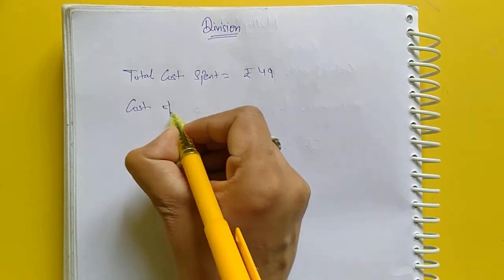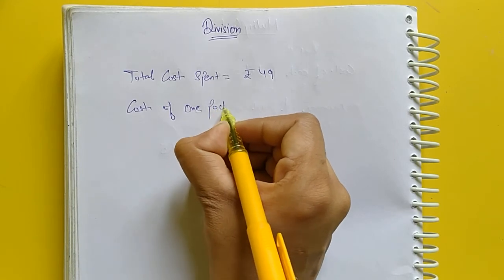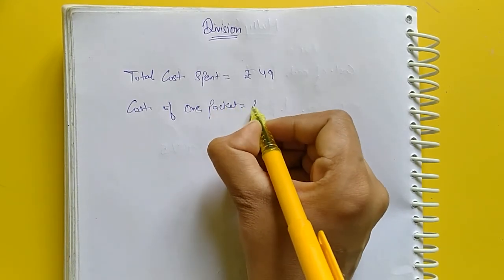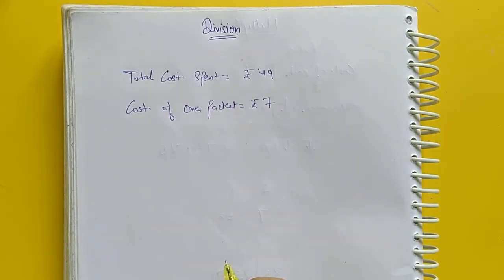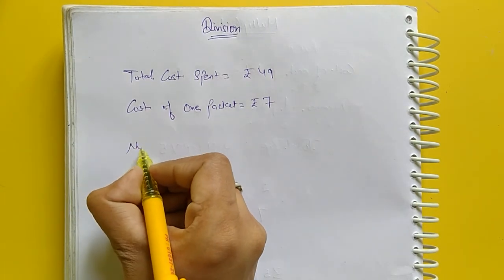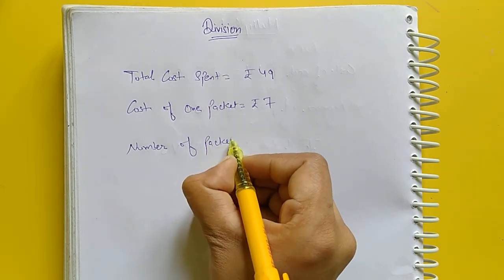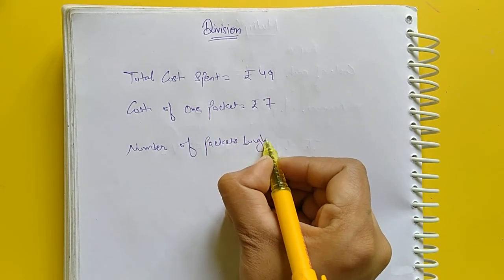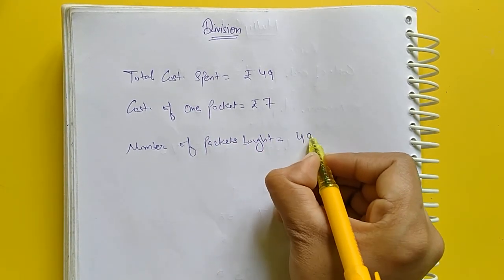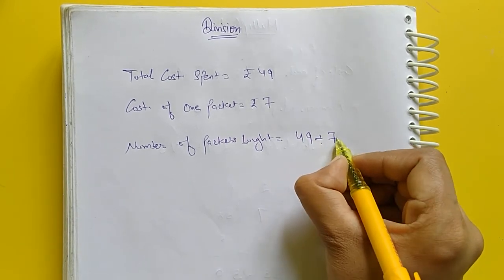Cost of one packet equals to rupees 7. Okay. So now find the number of packets bought. Equals to 49 divided by 7.